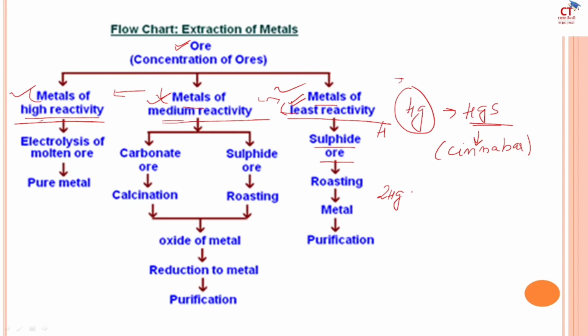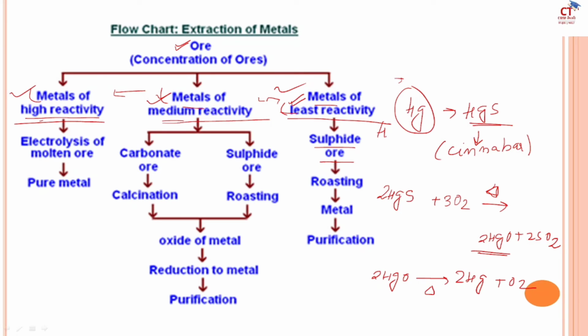Let's see this: HgS plus 3O2, with heat, will give you 2HgO plus 2SO2. Then this 2HgO again is heated and we get 2Hg plus O2.